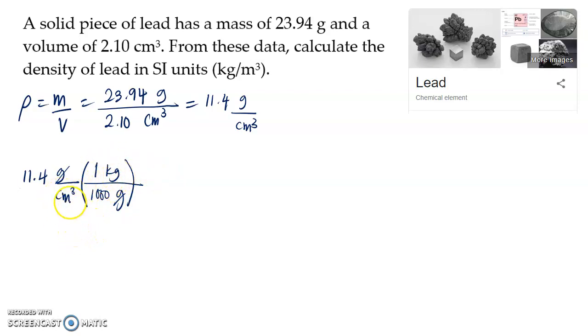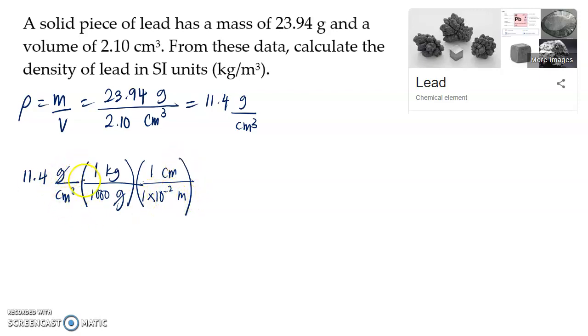So now we need to change centimeter to the power of 3 to meter to the power of 3. Again, we're going to multiply with the conversion, and I'm going to put 1 cm as numerator over the equivalent 1 times 10 to the power of negative 2 meter.